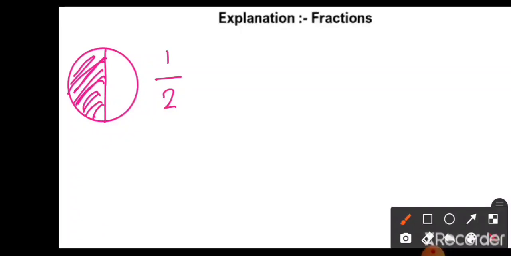This is called a fraction, and we read it as half or 1 upon 2.